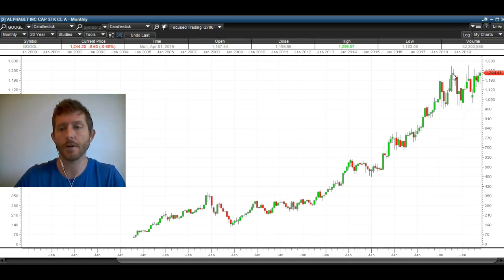So as you can see right here, Google has this flat top resistance. You can see we're trying to peek our head over it at this current moment.